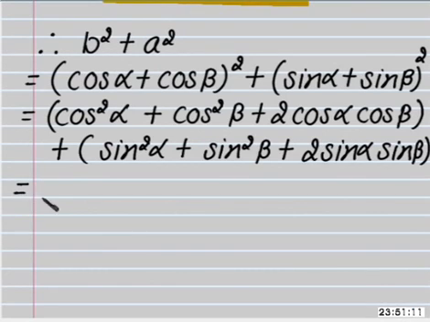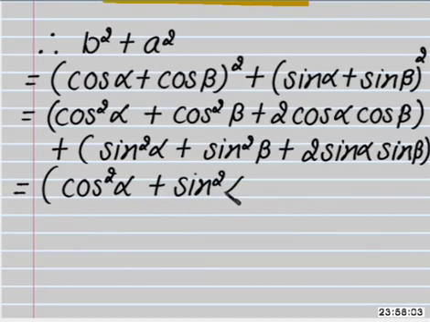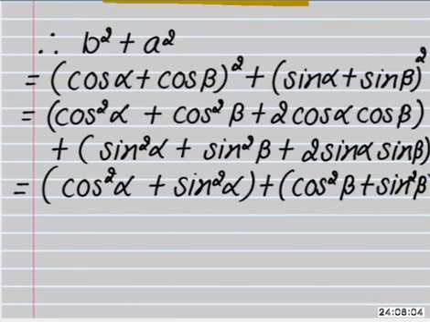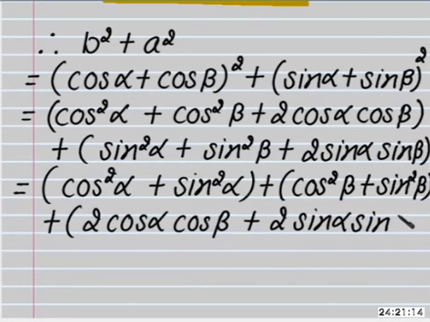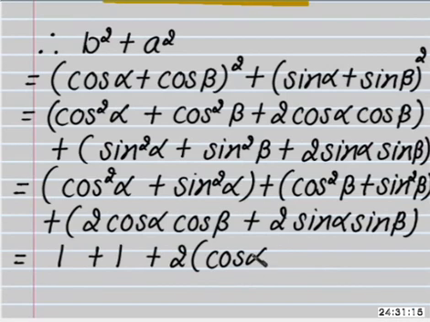Further it can be written as it is equal to cos square alpha plus sin square alpha plus cos square beta plus sin square beta plus 2 cos alpha into cos beta plus 2 into sin alpha into sin beta, and that will be equal to 1 plus 1 plus 2 into cos alpha into cos beta plus sin alpha into sin beta.